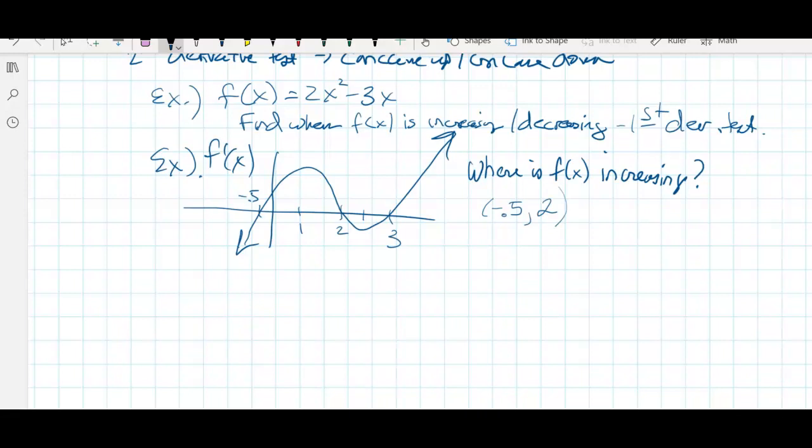Where else is it positive? Right, but I'm asking you, where is the graph of the function increasing? It's increasing where the derivative is positive. So where else is it increasing? All right, that's what I mean by knowing the relationships. Where is it decreasing?